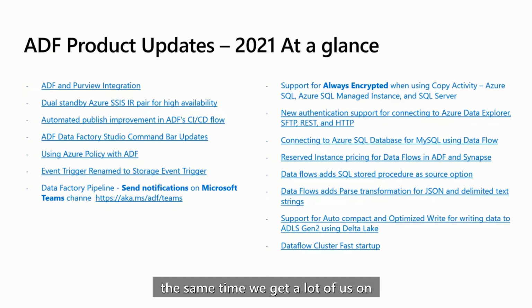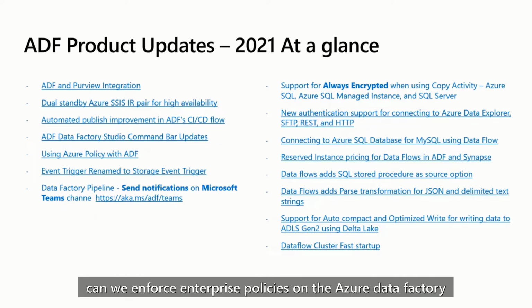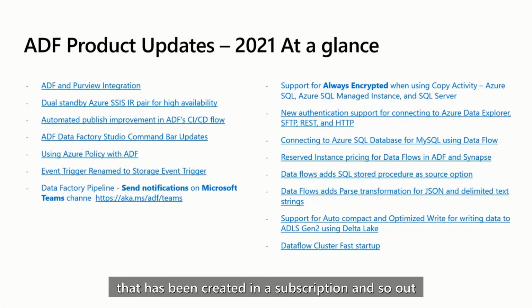At the same time, we get a lot of asks on, well, can we enforce enterprise policies on the Azure Data Factory that has been created in a subscription? And so out of the box now, we support about 7 to 8 Azure policies that allow you to control and enforce certain policies that are important to your organization.